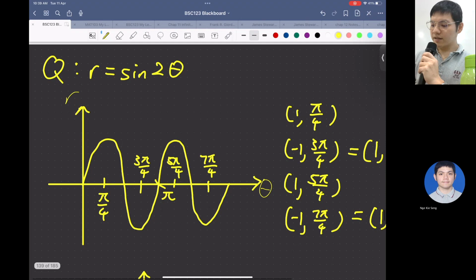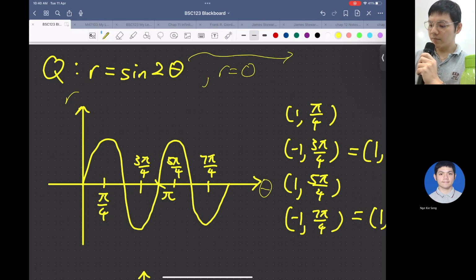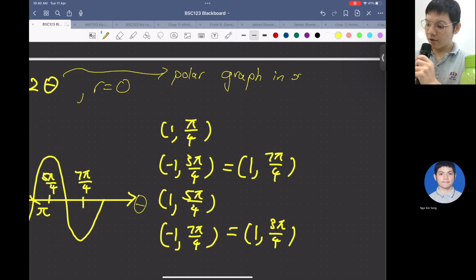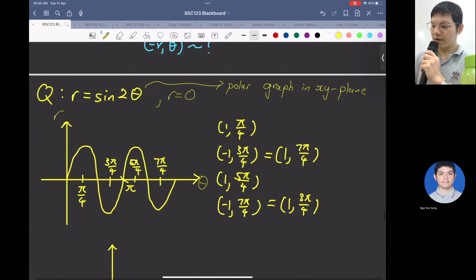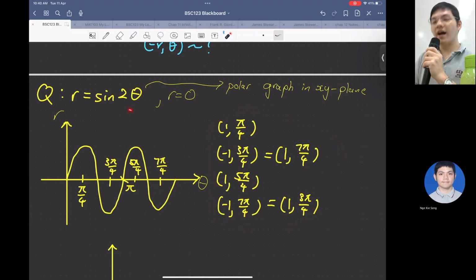Just now I asked about r equals 1. Why are there 4 points here? Because we care about the polar graph in the xy plane. So that's why we have these 4 different points here. If we just care about a normal graph on the r theta plane, there are only 2.